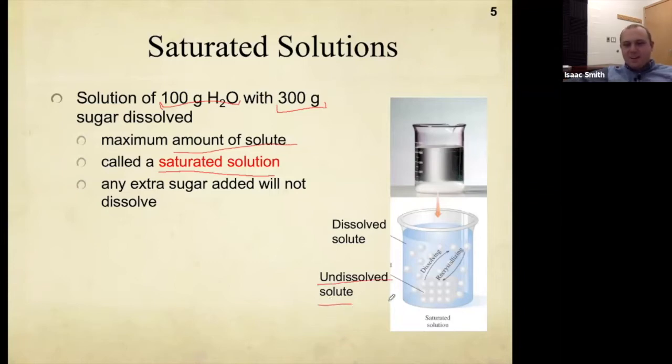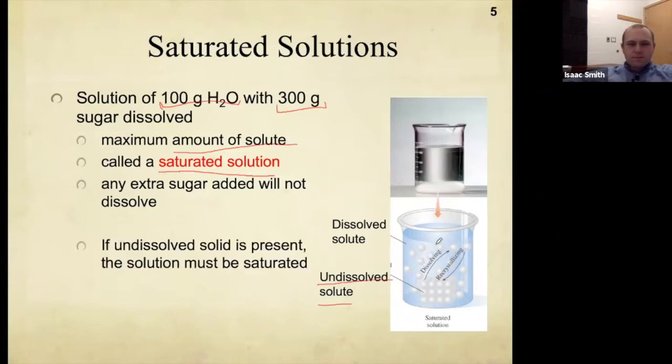Okay. Normally sugar dissolves in water, and you wouldn't even see it if you had sugar water. But if you have so much sugar that it's saturated, once you start adding extra sugar, it doesn't dissolve. It just sits there as a solid sugar particle in the water. So if you do see undissolved solid in a solution, that means the solution must be saturated, okay.